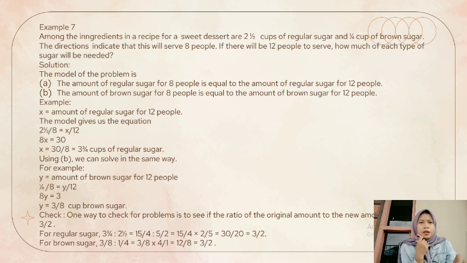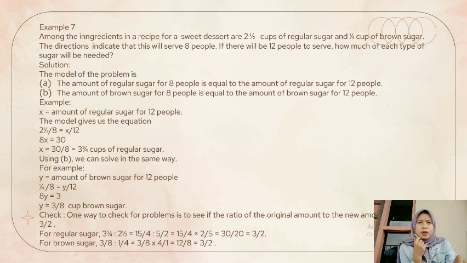To simplify the calculation, we first convert these mixed fractions into ordinary fractions: 4 times 3 plus 3 equals 15/4, and 2 times 2 plus 1 equals 5/2, so that we get 15/4 divided by 5/2, and 15/4 times 2/5 equals 30/20 equals 3/2.